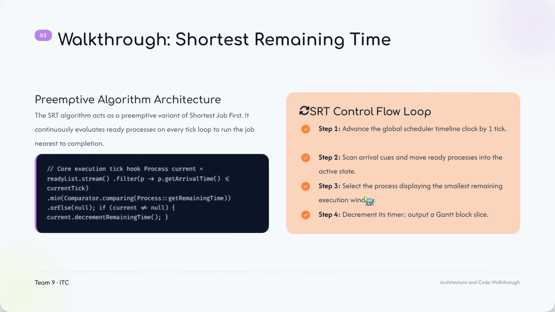The third step is the core logic that selects the process with the smallest remaining execution window. Finally, in step 4, the system decrements that process's remaining time by 1, and the output is the corresponding slice for the Gantt chart that will render in the engine.